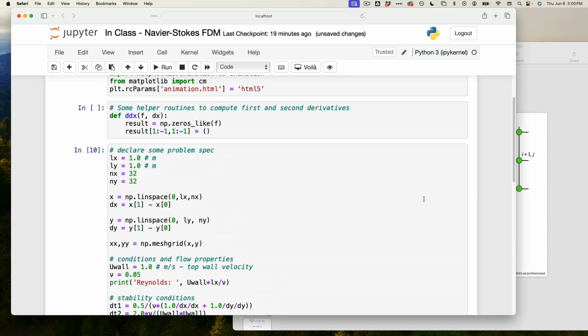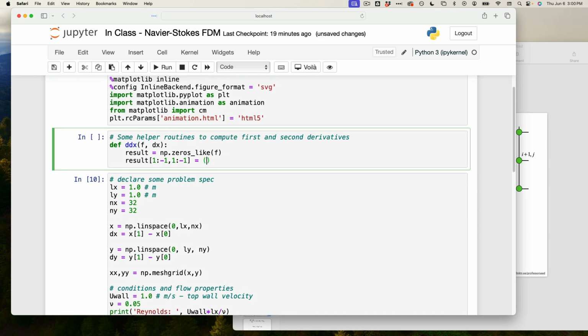Look what I'm going to do. It's going to be equal to f at I plus 1 minus f at I minus 1 over 2 delta x.